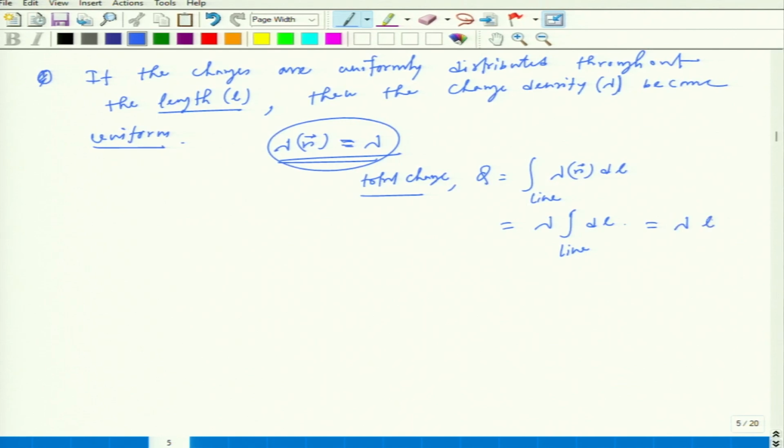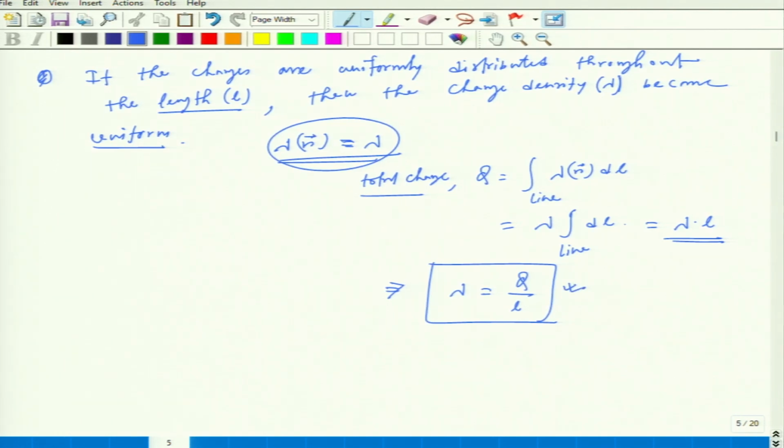So q equals lambda times L, the total length, and lambda becomes q over L. Remember, in this case lambda is uniform, and the total charge q is uniformly distributed over the length L.